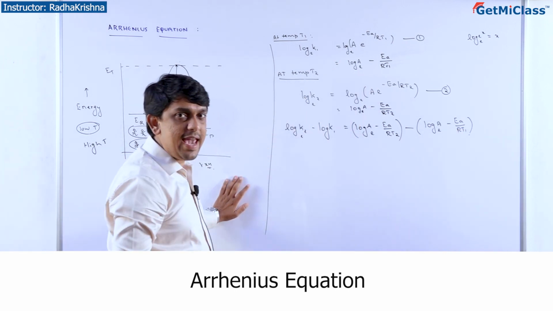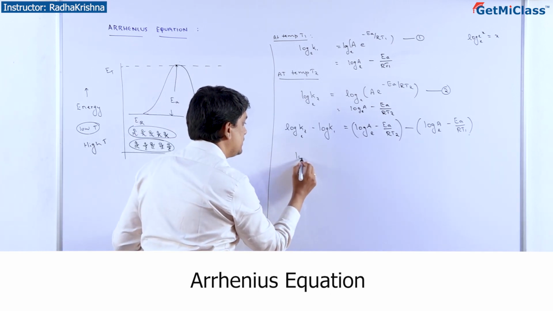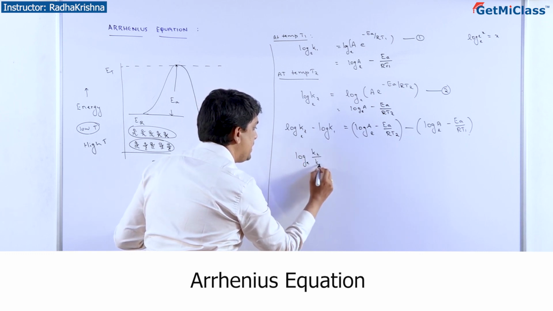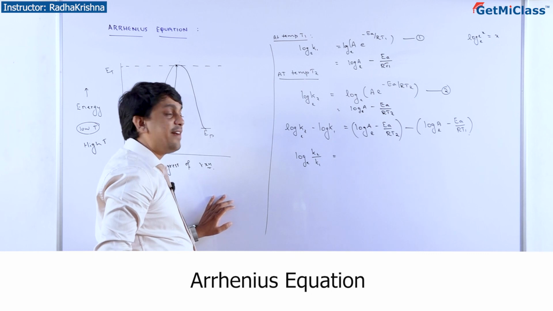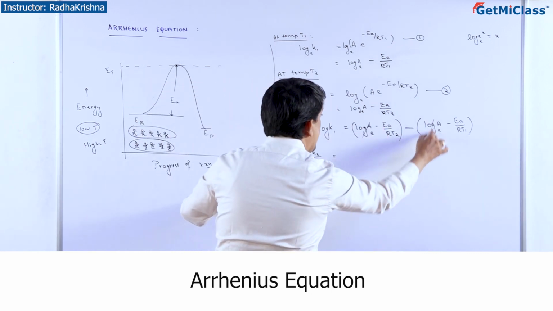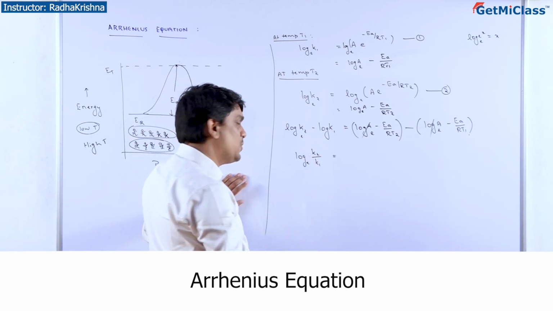What is log A minus log B? It's log of A by B. Everyone can see log A to the base e and minus log A to the base e get cancelled. 1 minus 1 is 0.